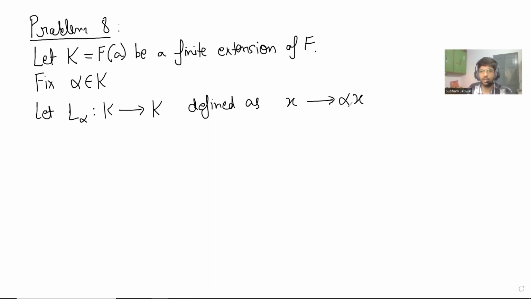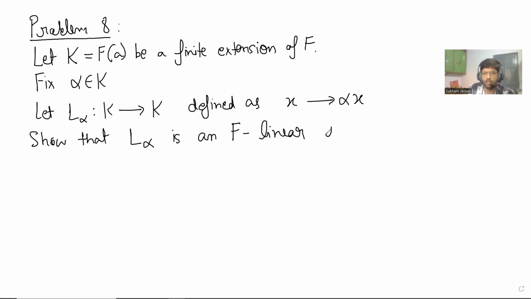Show that L alpha is an F linear transformation. Also show that this determinant, the characteristic polynomial, is the minimal polynomial of A.